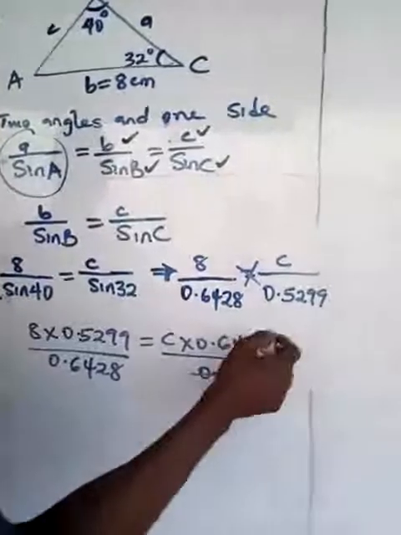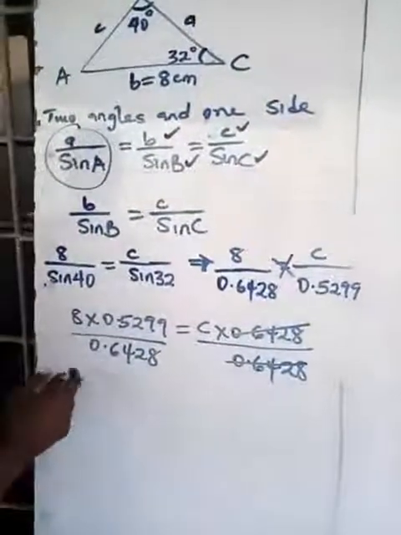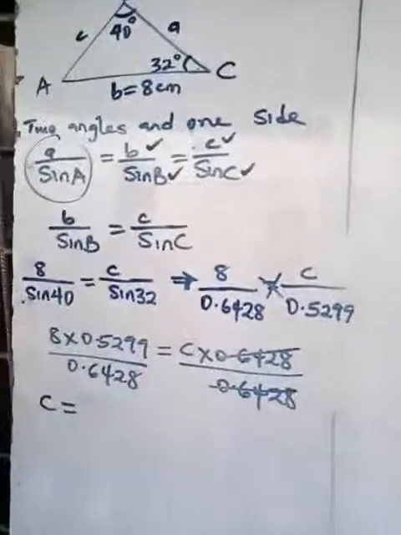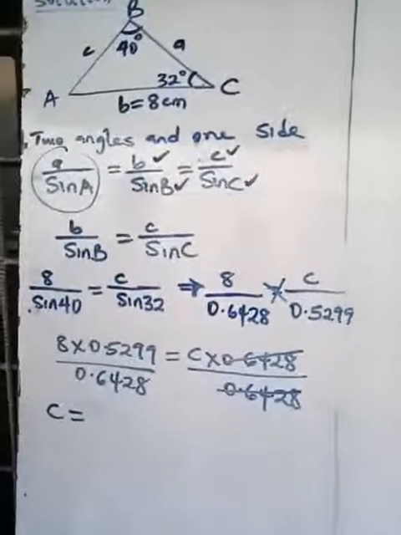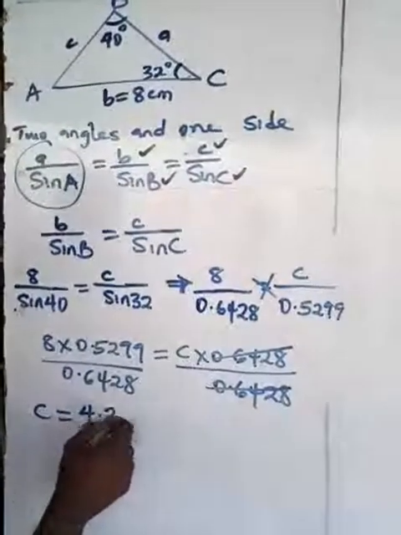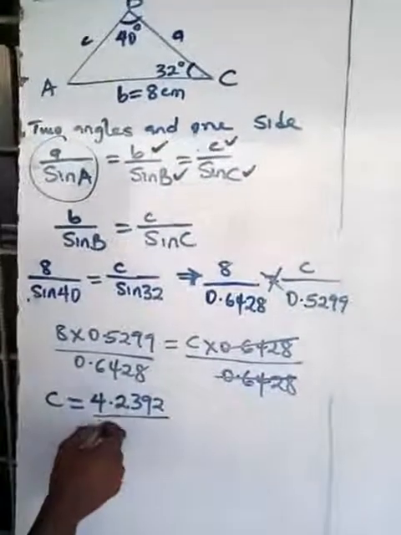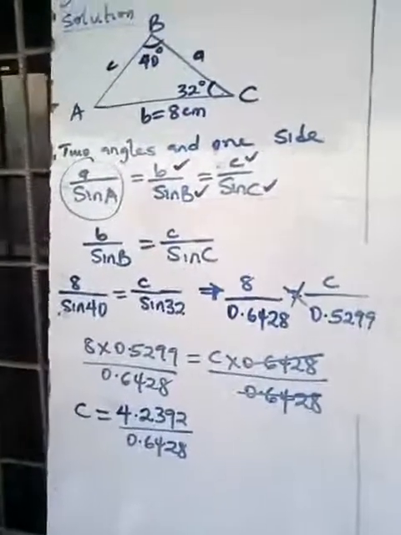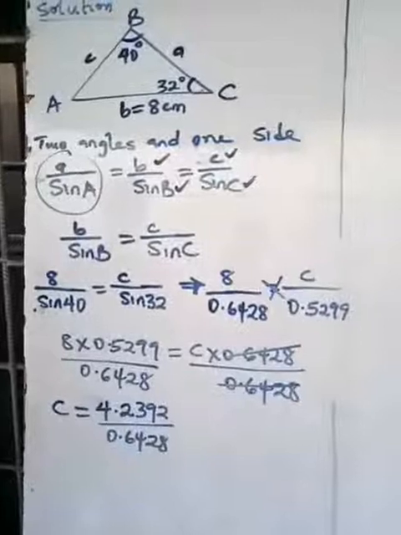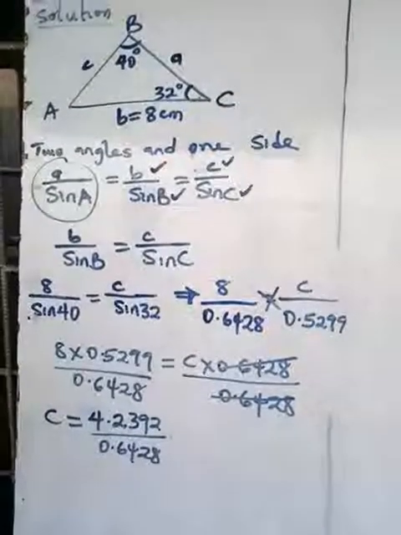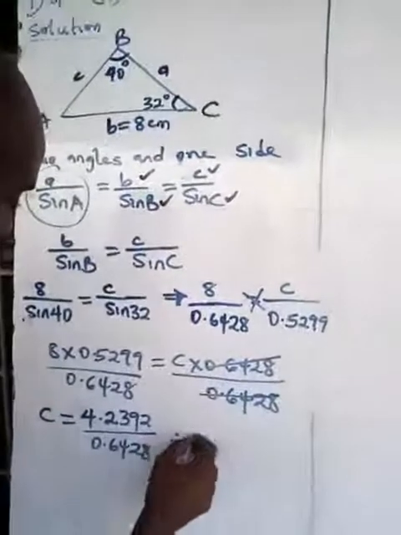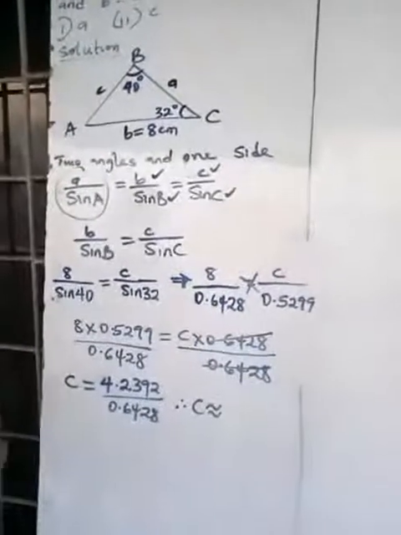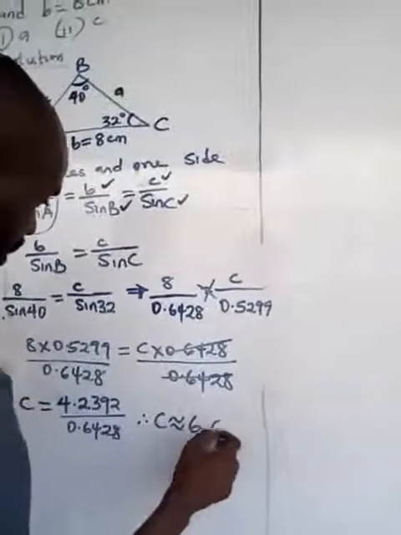So c is 8 times 0.5299, which gives 4.2392, over 0.6428. If we divide that, let's leave it to one decimal place. The answer is 6.6 centimeters.